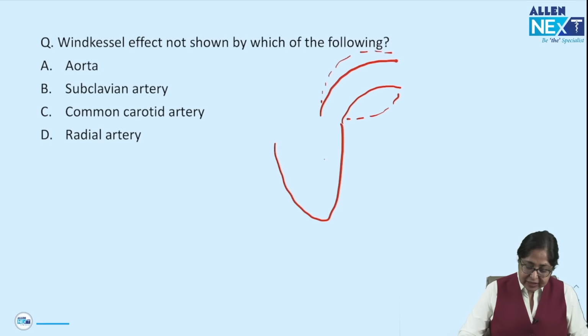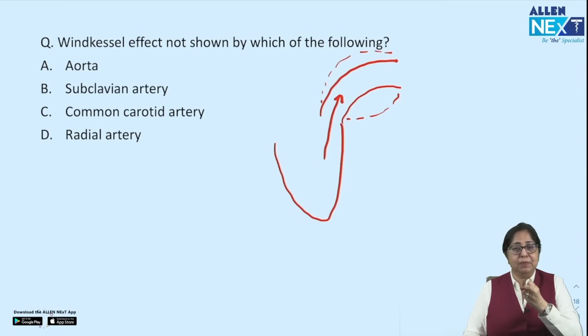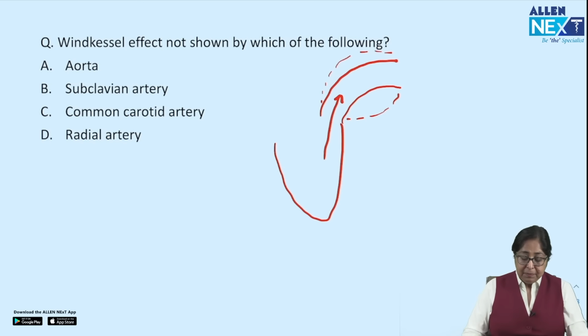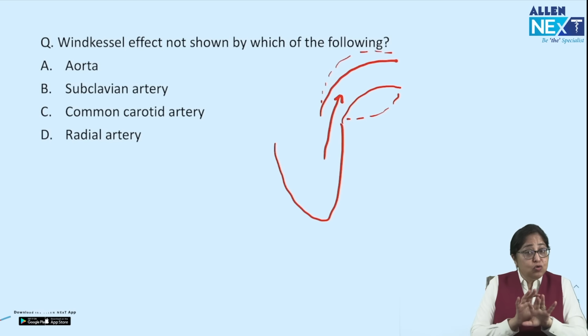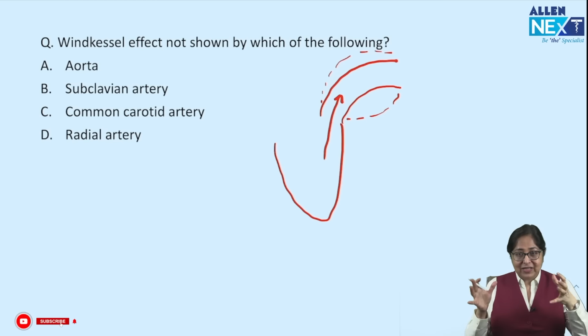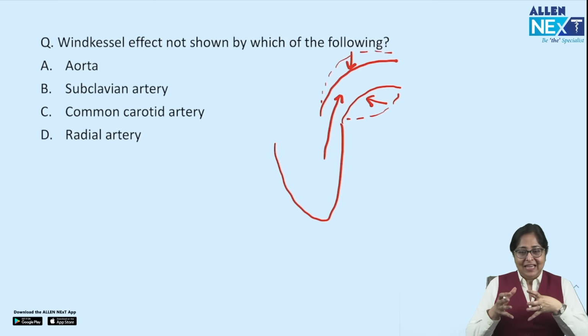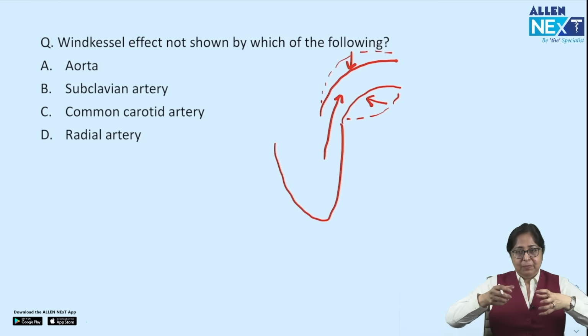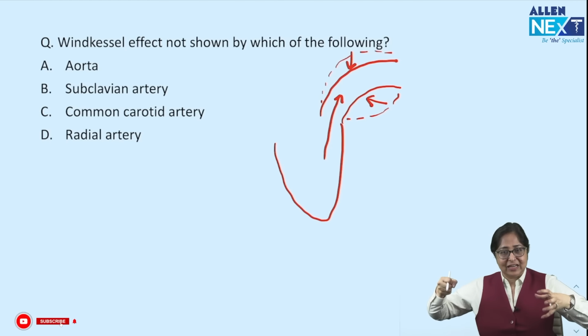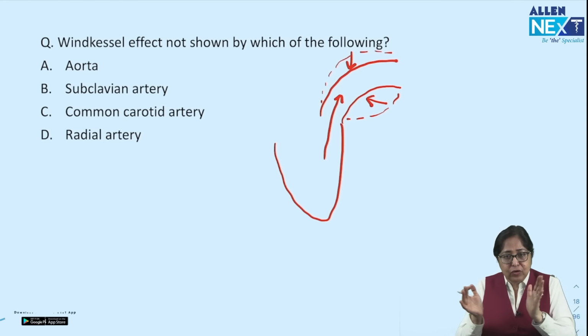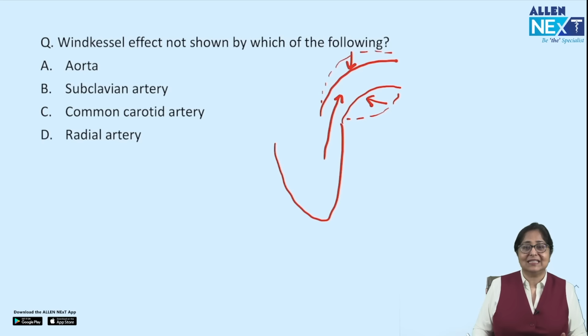This happens during systole, when the heart pumps blood into the aorta. But during diastole, there is no force from the heart. So what happens to the aorta and the large arteries? They tend to recoil. It is like if you take a rubber band, you stretch a rubber band, there is a tension which is generated, you leave the rubber band. It will recoil to its original size and shape.